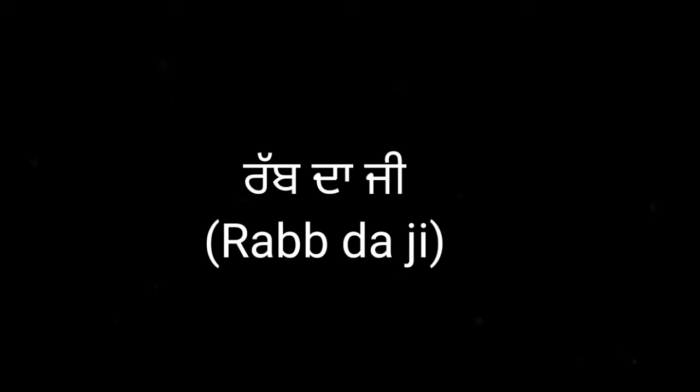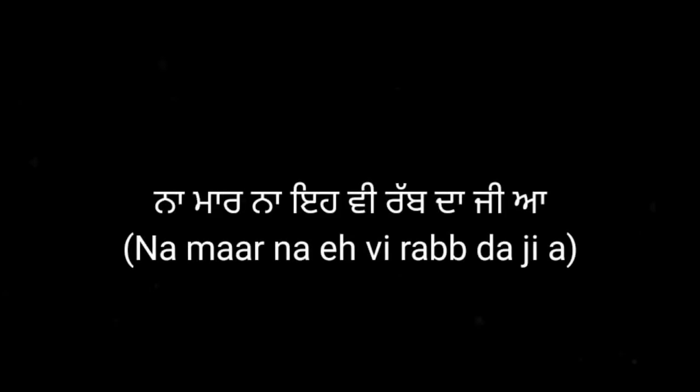Sometimes, I remember, if a kid is beating a dog or trying to hit a dog, people mostly say "na marna, eh vi rabb da ji aa". So it means this is also God's life, don't hit that animal.